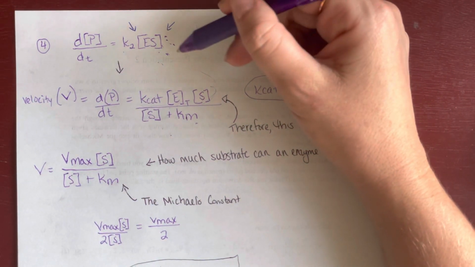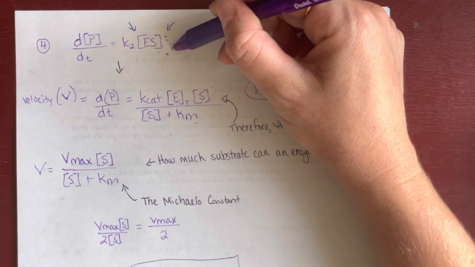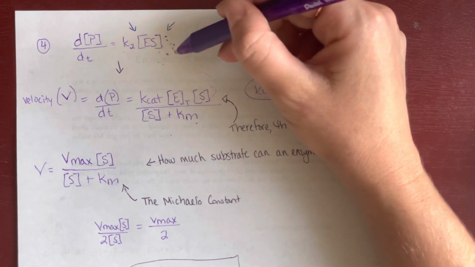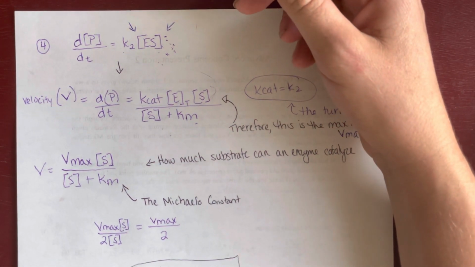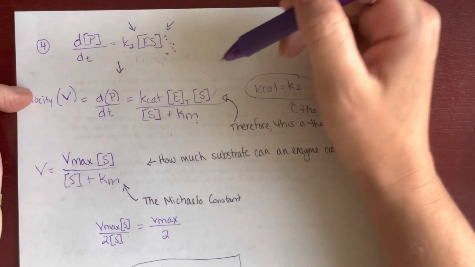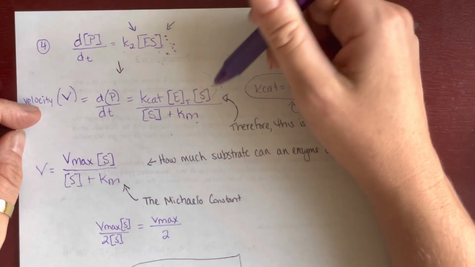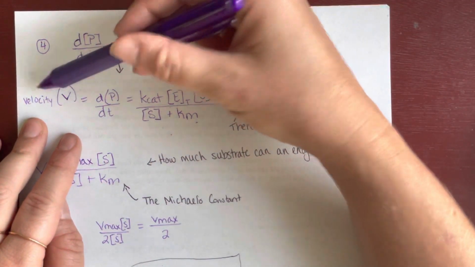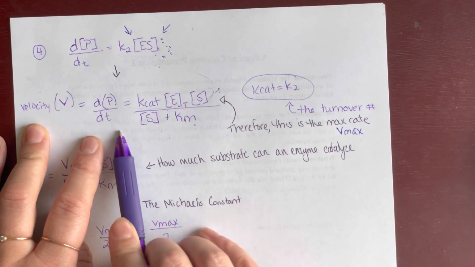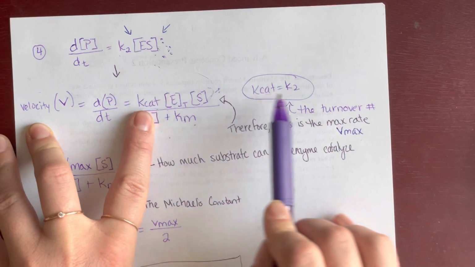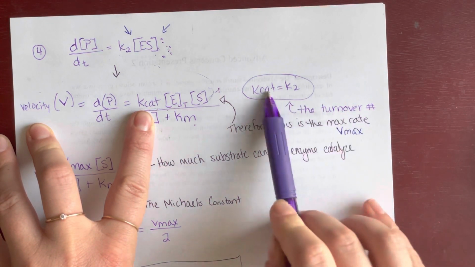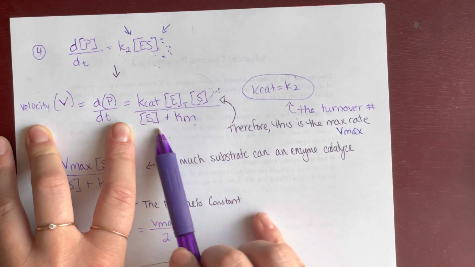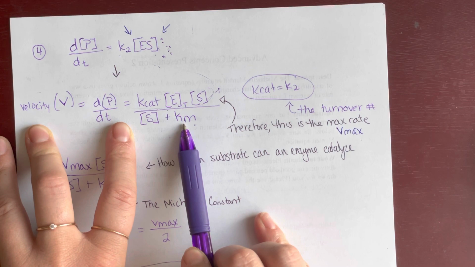In the previous steps we already solved for ES. This is where we substitute the equation for ES into this equation, and then we get the Michaelis-Menten equation, at least in a less condensed form. So velocity equals dP over dt equals kcat, which is essentially just K2, the turnover number, times ET times substrate divided by substrate plus Km.